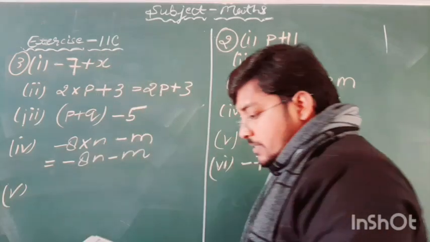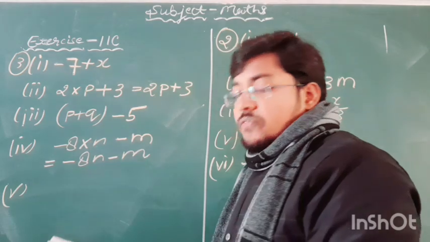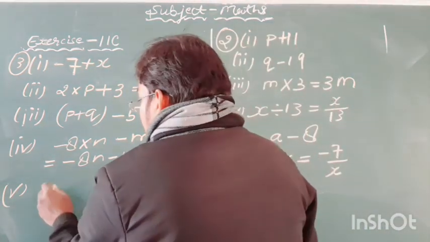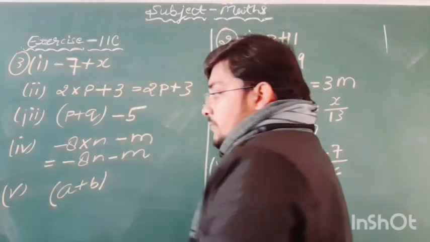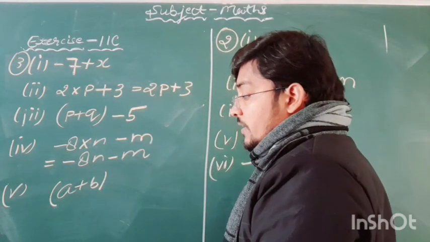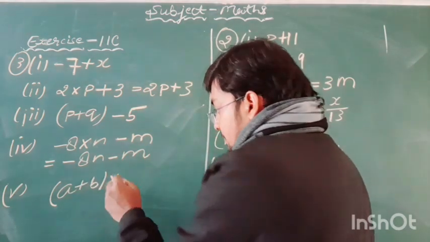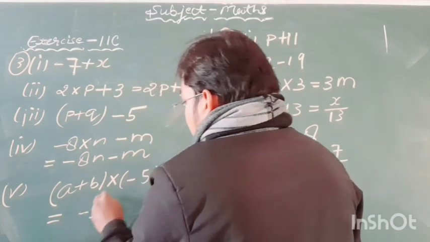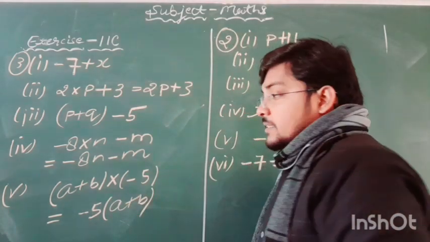Fifth is minus 5 multiplied by the sum of a and b. So first add a and b, which is a plus b, and multiply by minus 5. So it is written in the form of minus 5 in round bracket a plus b.